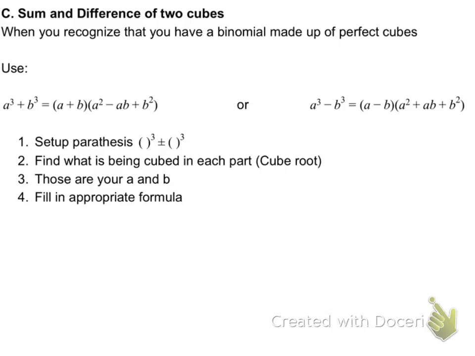If you have a sum, your first term is a plus b, but inside the second set of parentheses becomes a squared minus the ab. Versus if it's a difference, it's an a minus b on the outside, and then it becomes a squared plus ab. So if you want to only remember one formula, you just need to remember that small change.